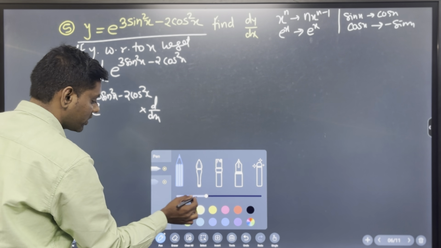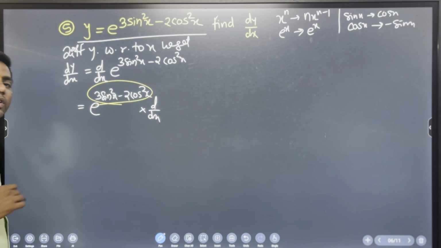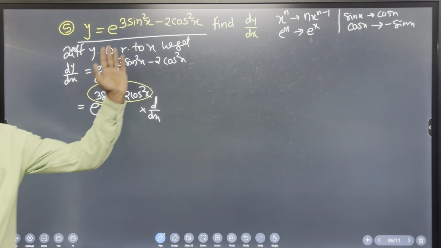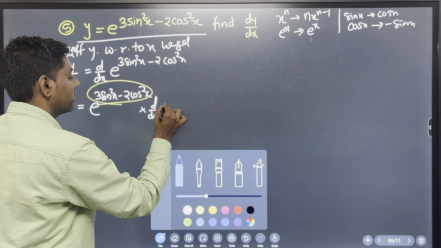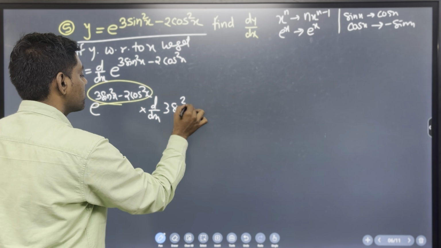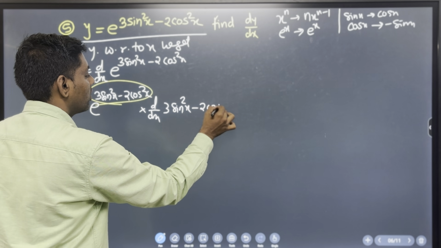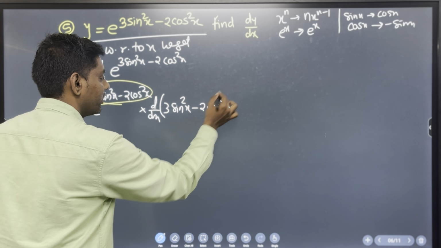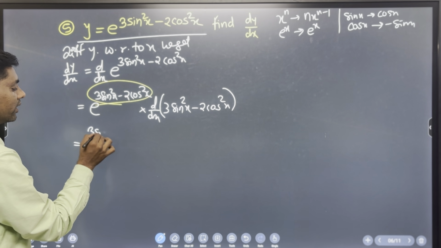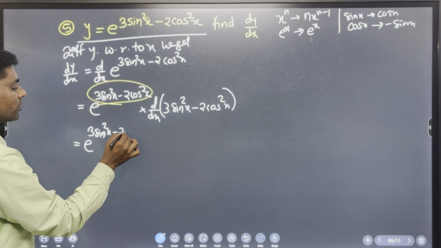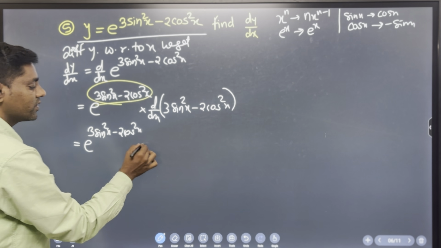Tell me what the function is here. Now this is completely a function raised to a power. So we again take the derivative of the power of e. So 3 into sine square x minus 2 into cos square x. Make a bracket after that. So e raised to 3 sine square x minus 2 cos square x as it is, into.